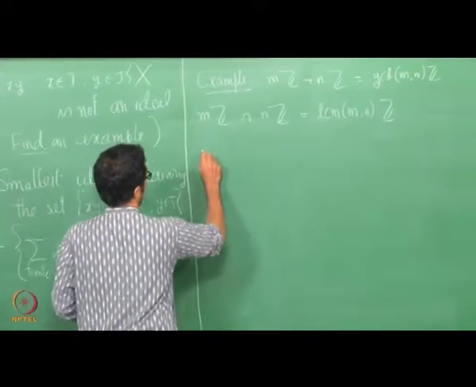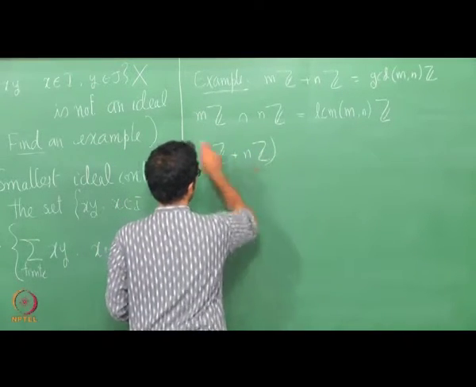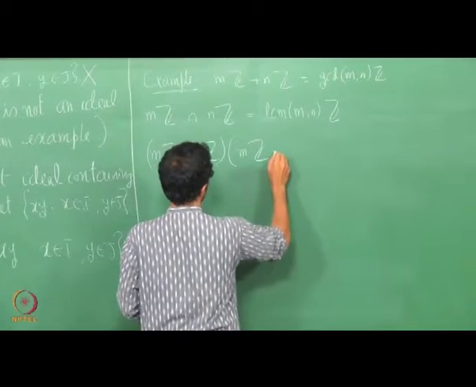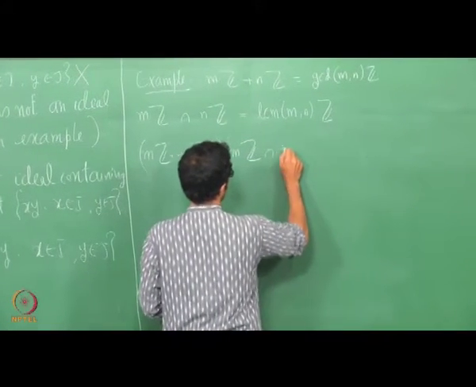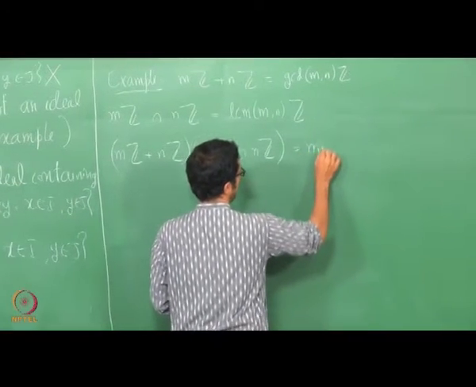So, therefore, mZ plus nZ times mZ intersection nZ, this is mnZ.